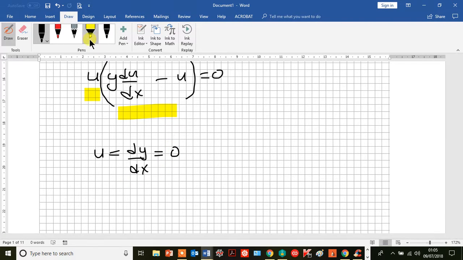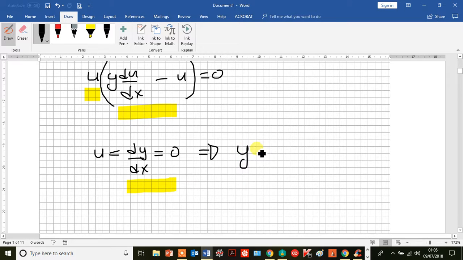So if we integrate the dy by dx term here equal to 0, what we end up with is a very basic special case solution, which is y equal to c1. As I said, this is a special case of the general solution that we will eventually get from solving this term here, this part of the equation here.